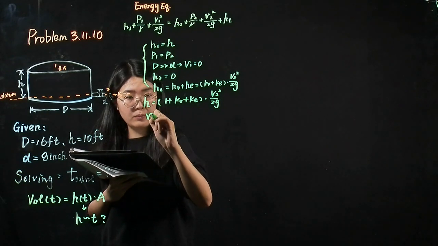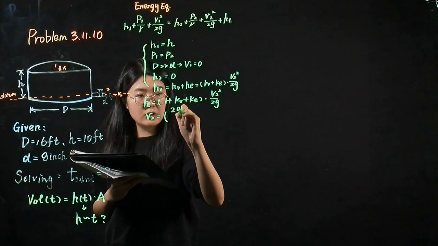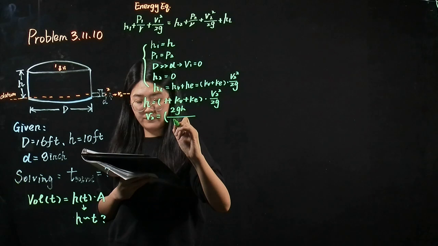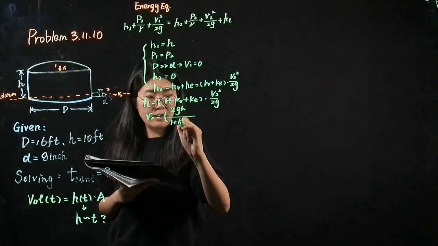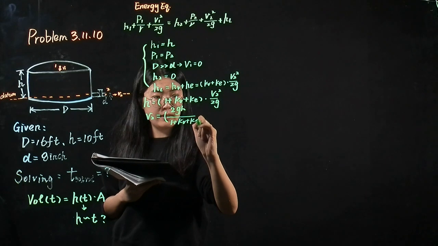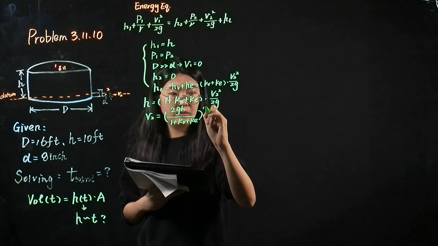Then V2 is equal to 2gH over 1 plus KV plus KE, to the power of 0.5.